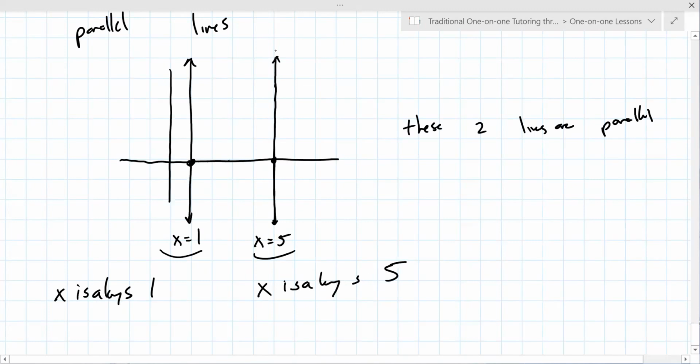And what that means is you can pick any point on here. So let's say I had you pick that point up there. What is the X value on this line? Well, X is always 5. What if I picked this point? What's the X value there?